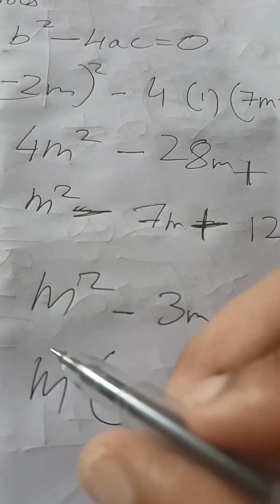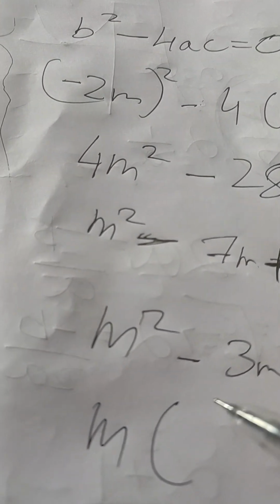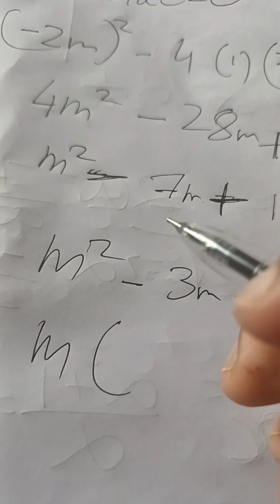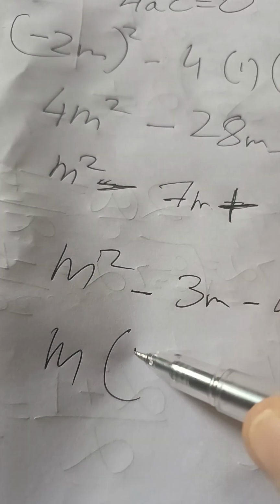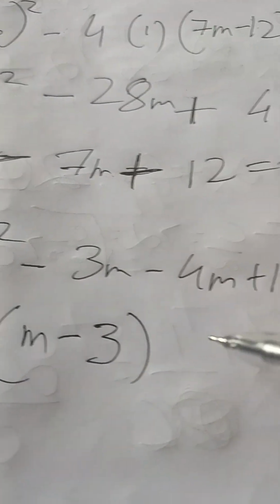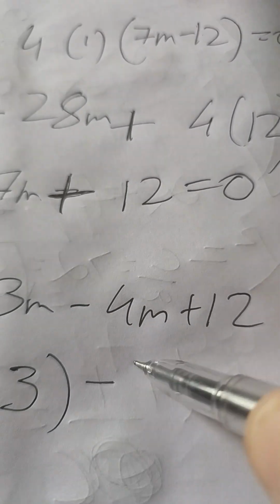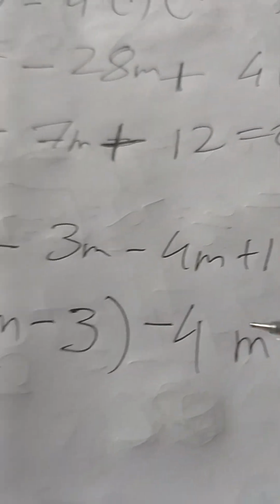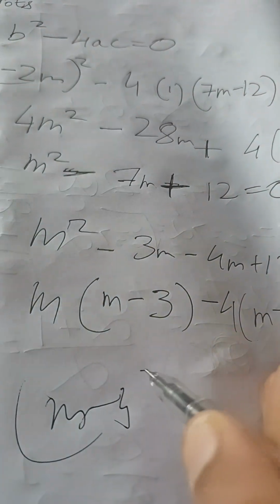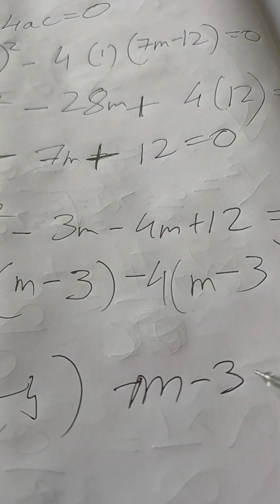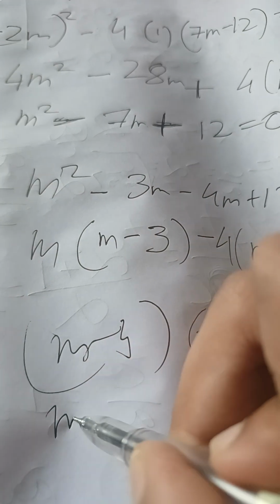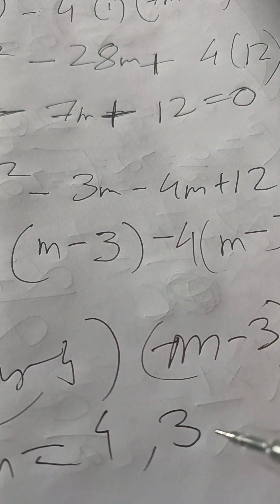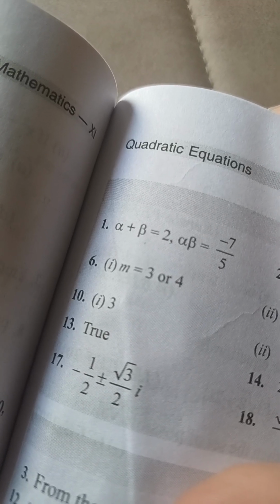I'm going to do the middle term split the long way because I'm still in class 10. m, then m minus 3, then 4m plus 12, so m minus 4, m minus 3 equal to 0. So for the roots to be equal, m has to be equal to 4 or 3. Wait, that can't be right. Never mind guys, it's actually correct.